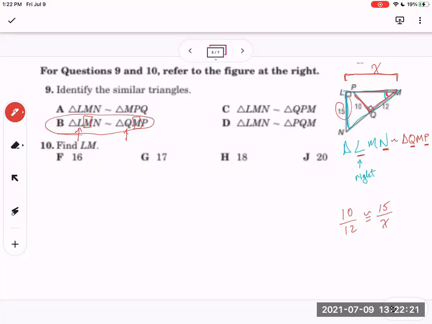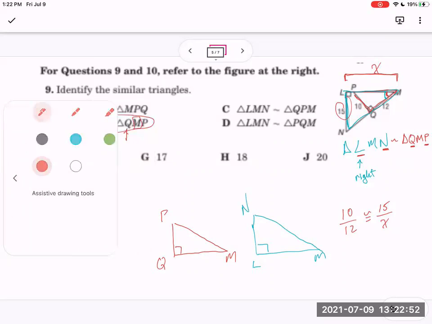Sometimes it's good if you redraw the triangles out on the side, sometimes it helps you to see it better. So here's QPM, that's the red triangle. And here is QPM, so that's going to be LM, N. That makes sense?